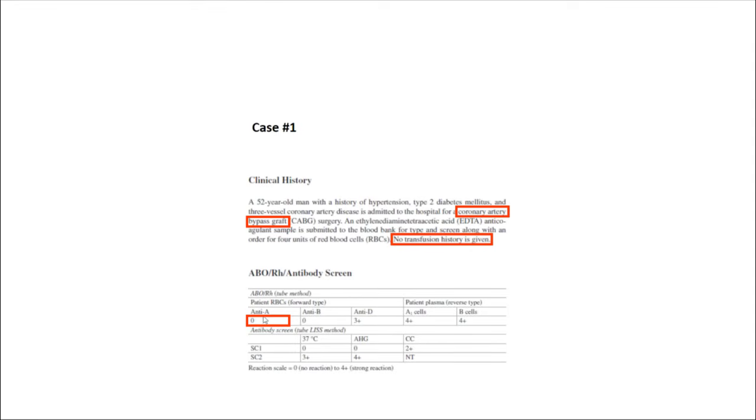All right, so the way we figure this out is that when we do blood typing, we do it on front typing and back typing. In the front type, we're looking for antigens that are on the patient's red cells. And here you can see that there's no reactivity with the reagent antiserum, so the patient does not have A antigen, does not have B antigen. And in the back type, when we use the patient's plasma, we look for the corresponding antibodies.